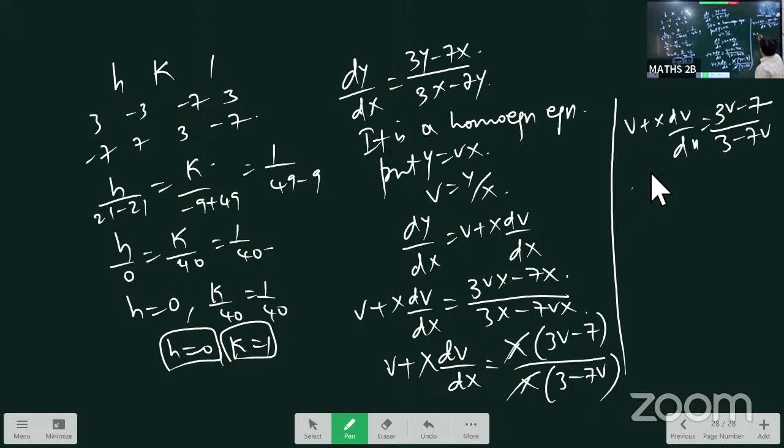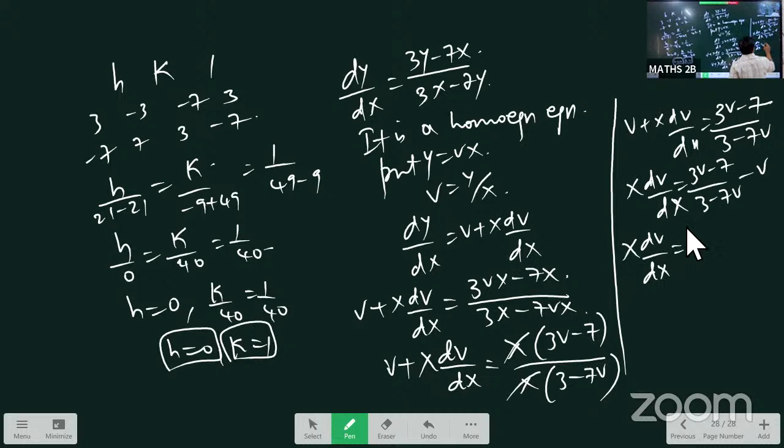Now x dv by dx is equal to (3v minus 7) by (3 minus 7v) minus v. Then x dv by dx equal to (3v minus 7 minus 3v plus 7v square) divided by (3 minus 7v).